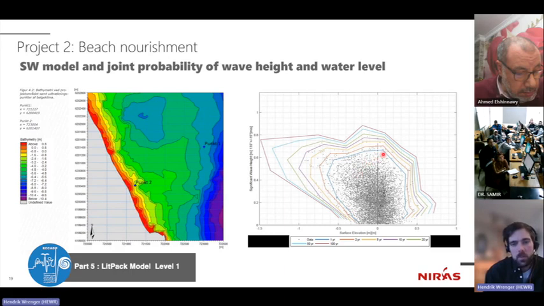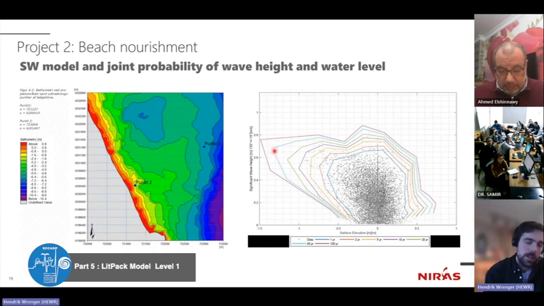But we need to know, you can have in this case here, for example, if you want to define, let's say for the 50 years, this second last contour here, you can get the highest significant wave height in these conditions around ±0 water level, and then you can get the largest positive water level with a fairly small significant wave height, and the other way as well. That's given by the meteorological and hydrographic conditions of that location.